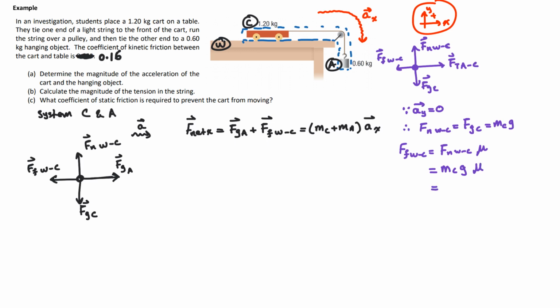My mass is 1.2, gravitational acceleration is 9.81, and my mu is 0.16. And when I plug all of those into my calculator, I will get 1.88353 Newton for my force of friction.